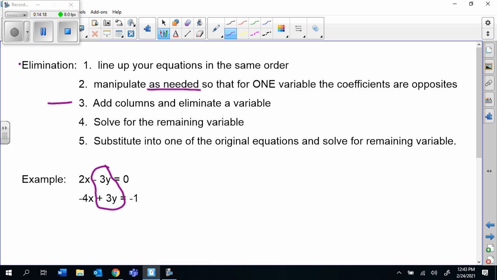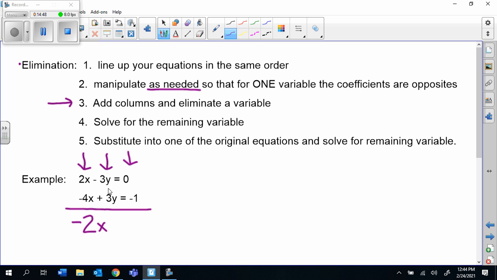Step 3 says add columns and eliminate a variable. Hence why they call it elimination. So what we're going to do is draw a line, and add the columns straight down. 2x, take away 4x is negative 2x.